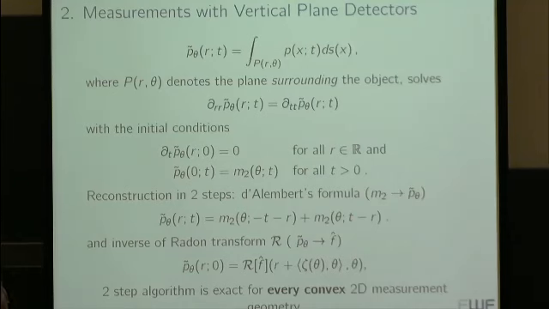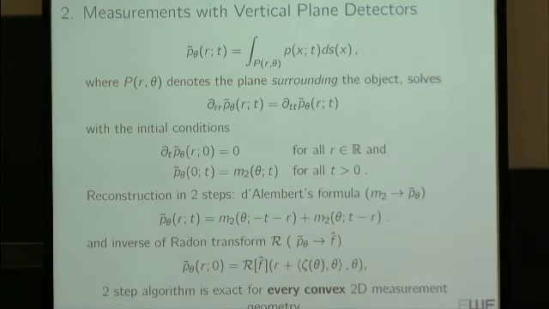And then you derive that this function for fixed angular component satisfies this one-dimensional wave equation. The initial condition is the measurement data, which is averaged along planes, and the partial derivative is 0.